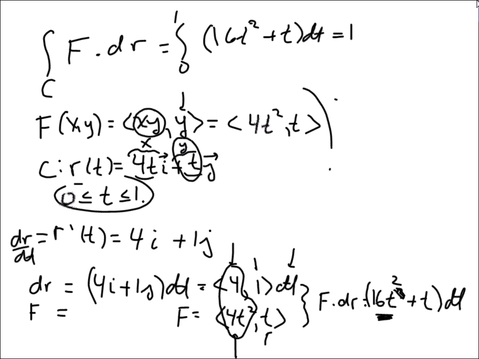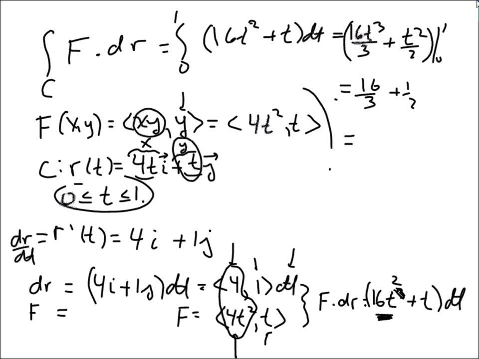And that becomes 16t cubed over 3 plus t squared over 2 from 0 to 1. So you get 16 thirds plus a half, which is 32 over 6 plus 3 over 6. I multiplied 16 thirds by 2 over 2, which is 1, allowed to do that. And here I'm multiplying by 3 over 3.